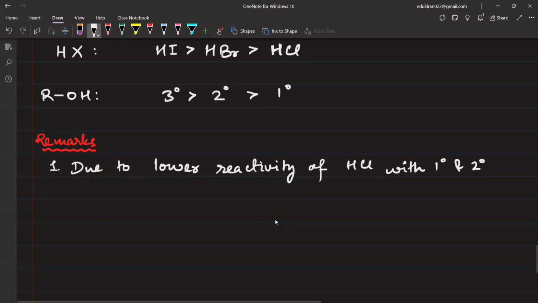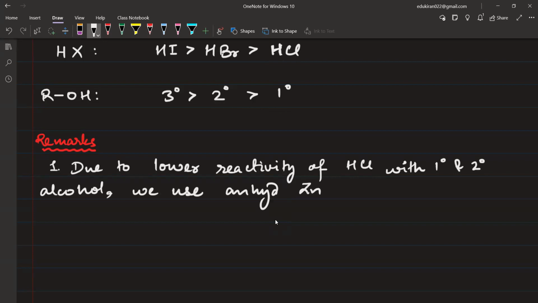So due to the lower reactivity of HCl with 1 degree and 2 degree alcohol, we use anhydrous ZnCl2 as catalyst.